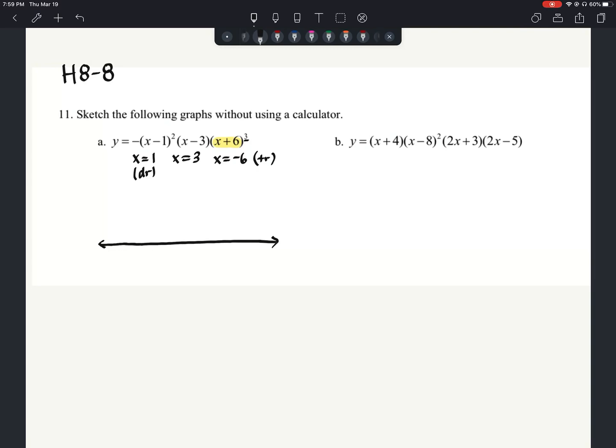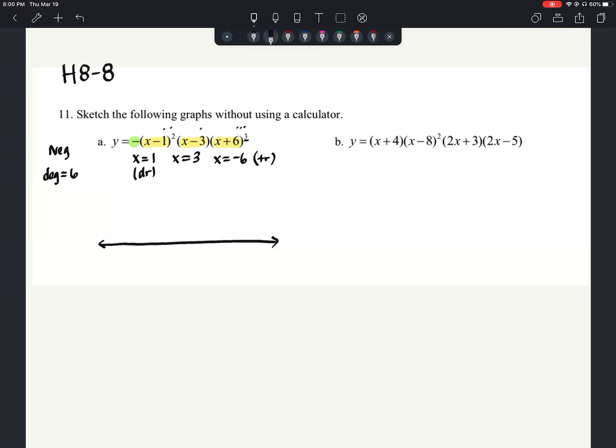Then something even more important here. We've got this negative here, so this is a negative function. It's got a degree of 1, 2, 3, 4, 5, 6. So it's a degree of 6.